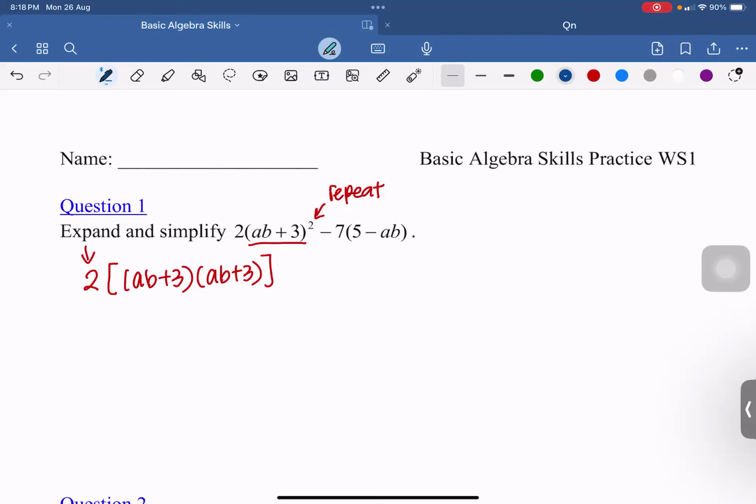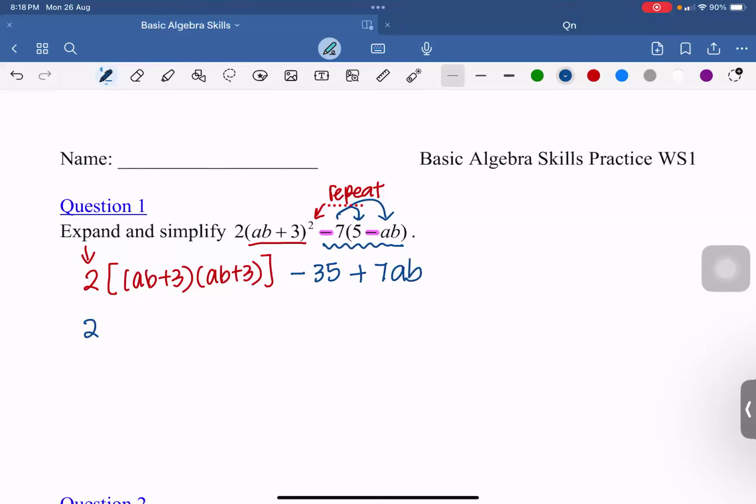Then this part over here, I'm going to do part by part. Negative 7 multiplied by 5 is minus 35. Negative 7 multiplied by negative ab, what happens? Positive, so plus 7ab.